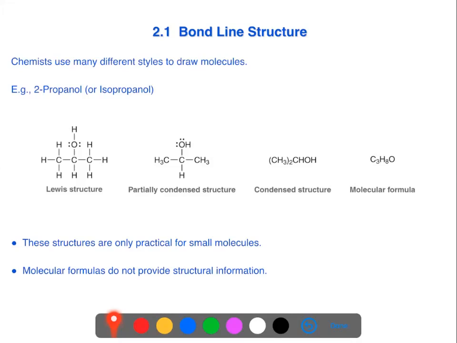The other problem with molecular formulas is that they provide no information about structure. They just, again, tell you the number and types of atoms found in the molecule, but do not give you any identifying features as to whether or not you have sigma or pi bonds or which elements are bound to what. So let's look at bond line structures in more detail.